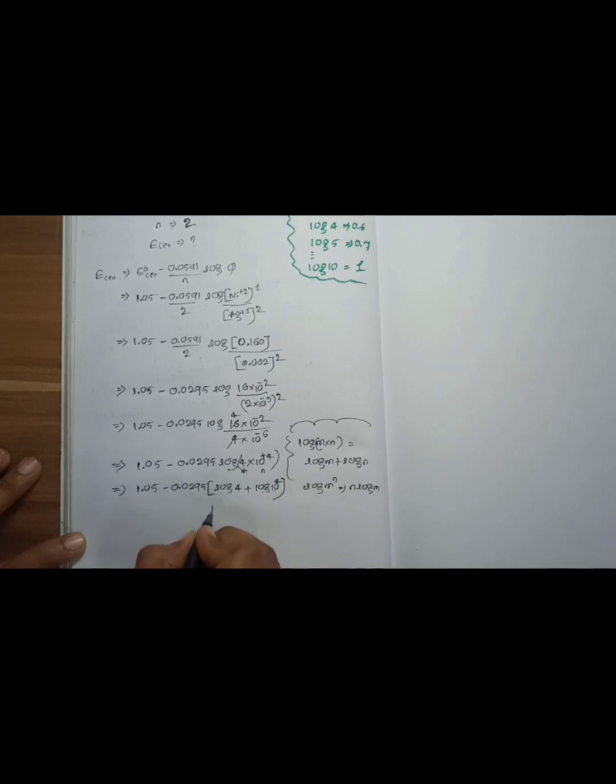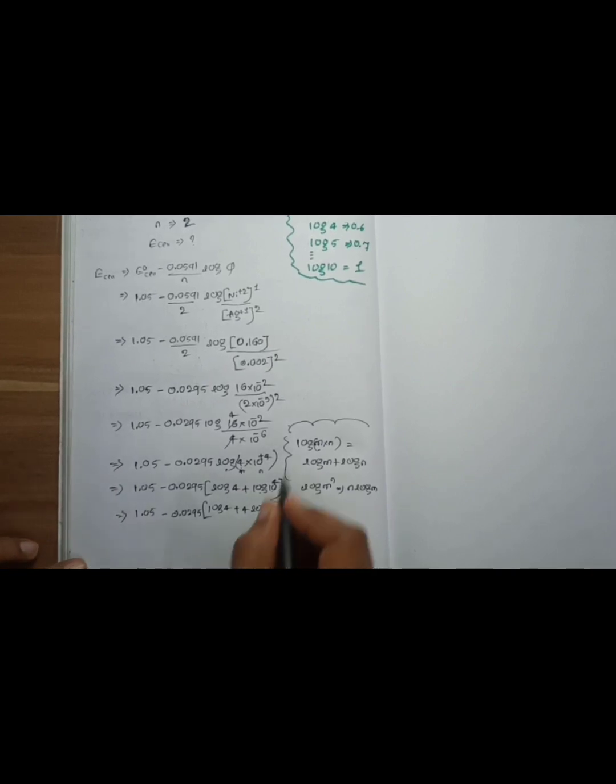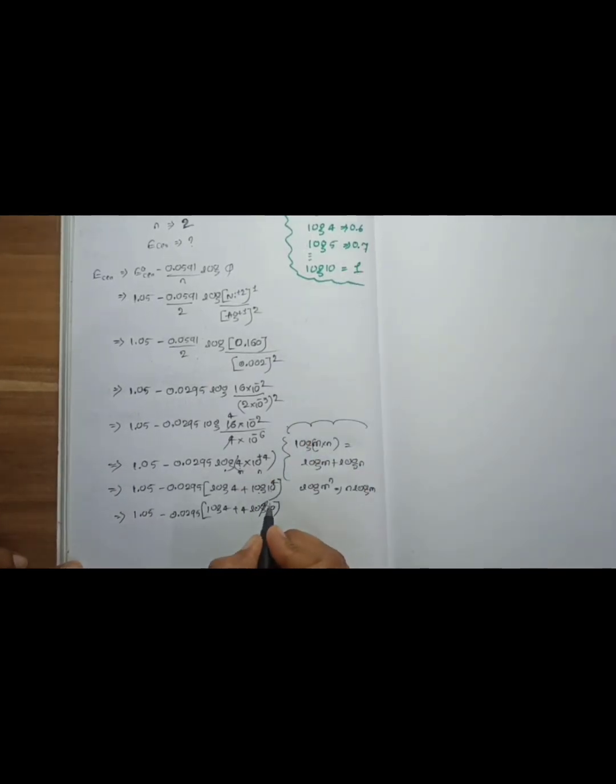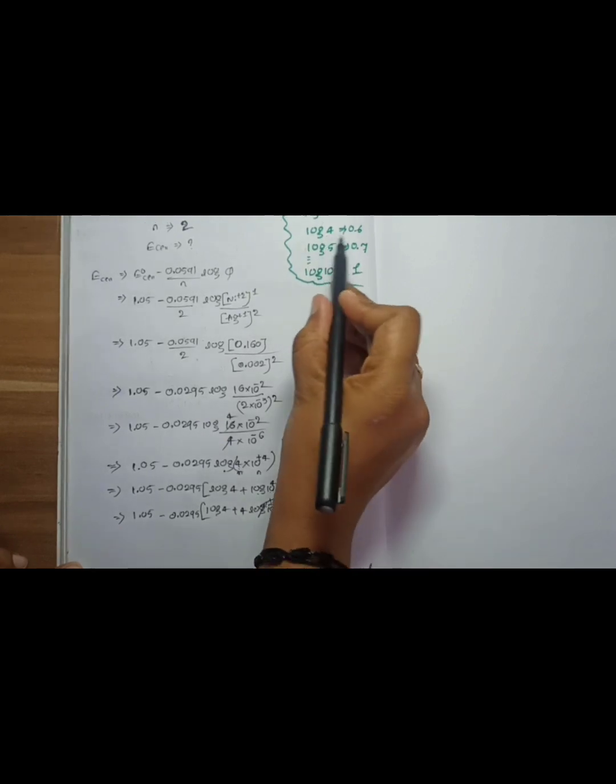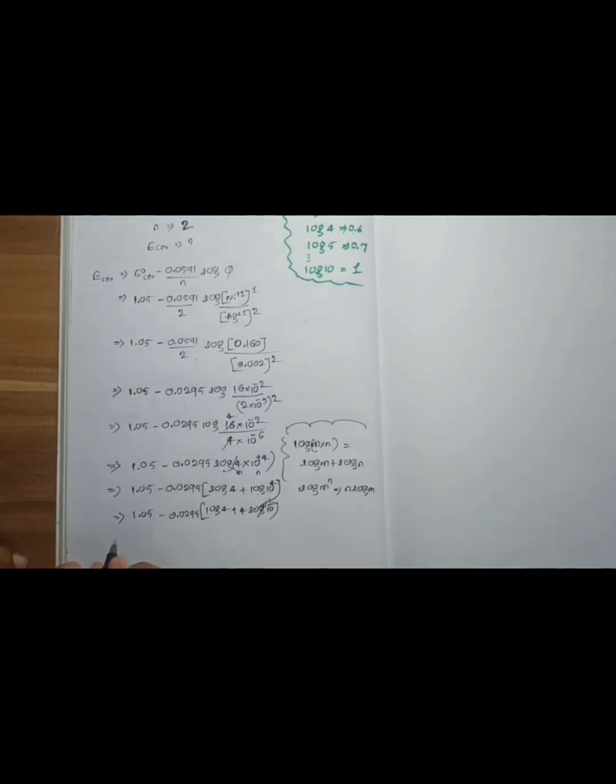So we can write this as 4 like this, log 10. And in front of it 0.0295 is there, and minus 1.05. Next, log 10 value is 1. Log 4 value is 0.6.